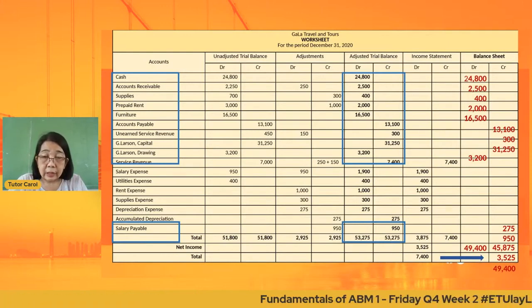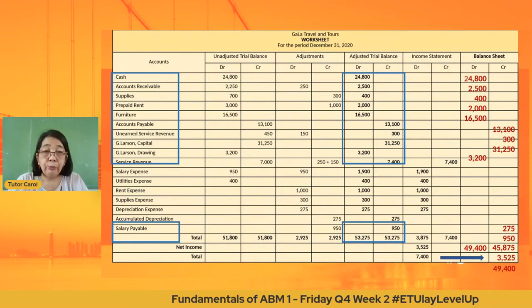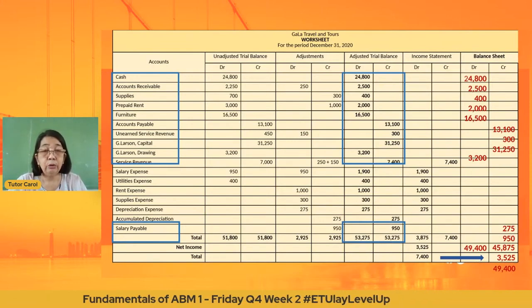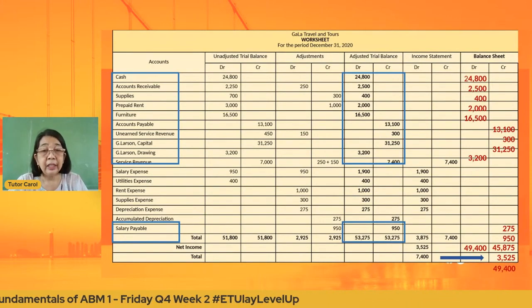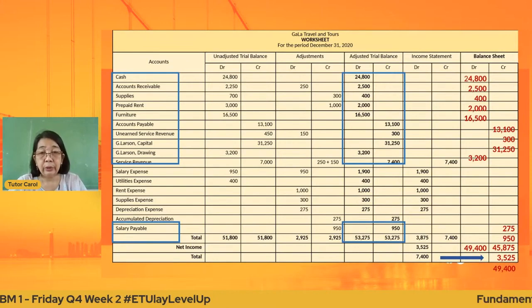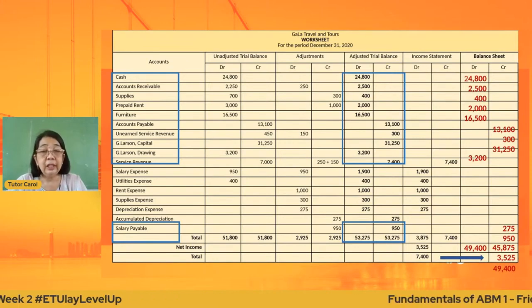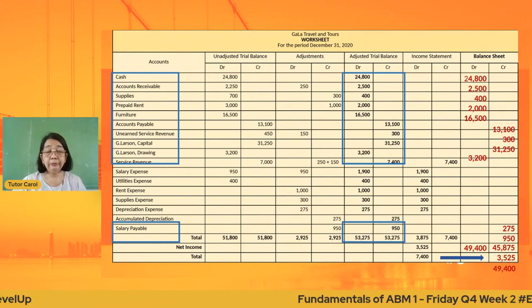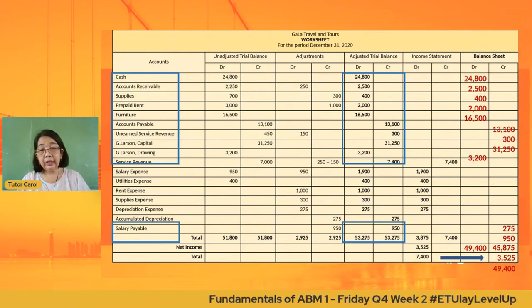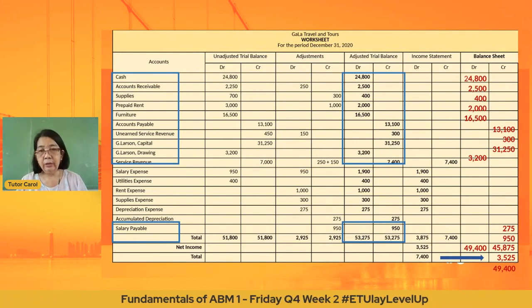Okay, check natin. Yung difference kanina, yung net income natin kanina na 3,525, idagdag natin yan ngayon sa ating credit side. Okay?